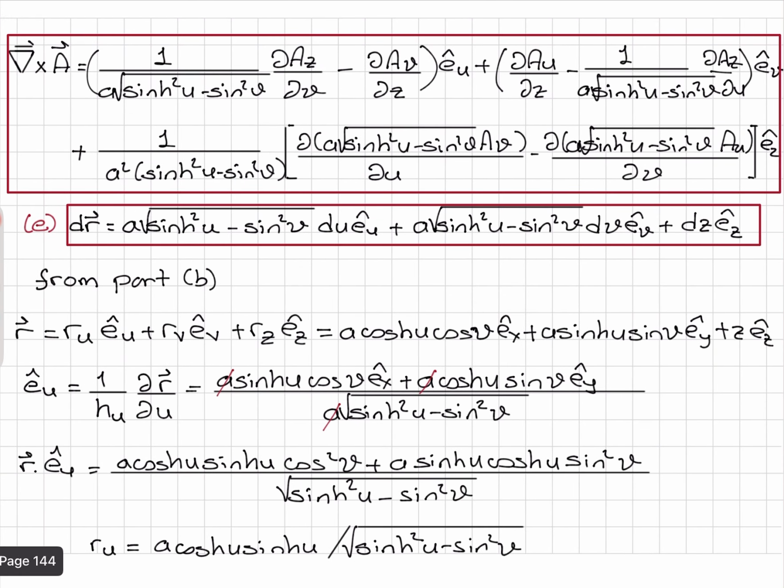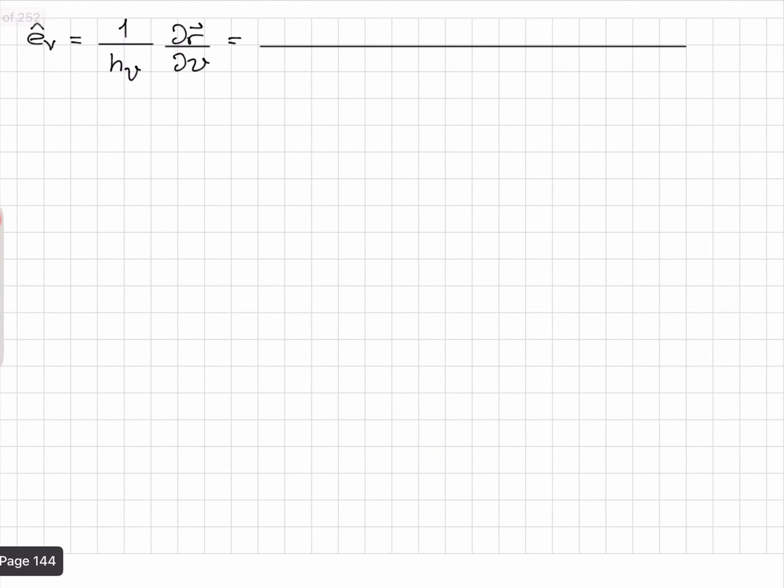Now for the second unit vector, e_v hat, I have 1 over the scale factor h_v times del r del v this time. Let's take a look at that derivative. Here is v, so I'm going to get a minus sin v from this term, and from this term I will get a cos v, and nothing from the z part.